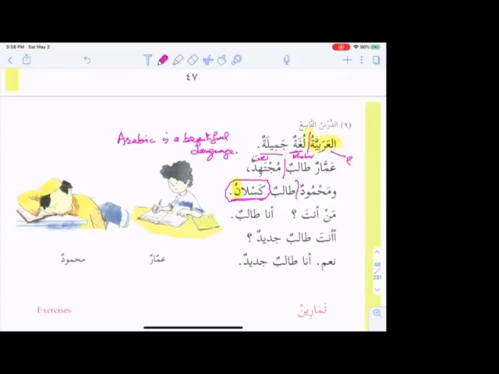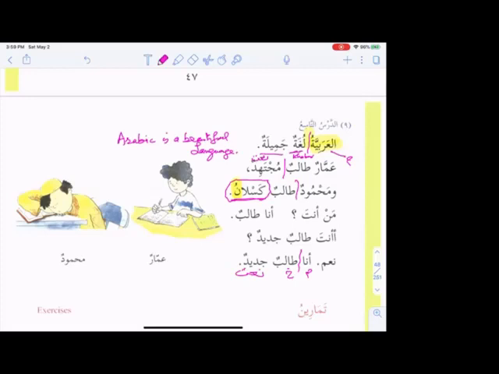Man anta, who are you? Ana talibun. Mubtada khabar, I'm a student. Anta talibun jadidun. Are you a new student? Naam. Ana mubtada, talibun khabar, jadidun. Yes, I am a new student.